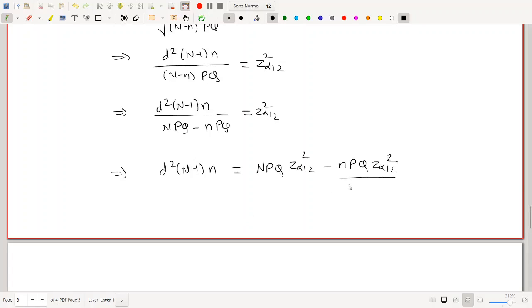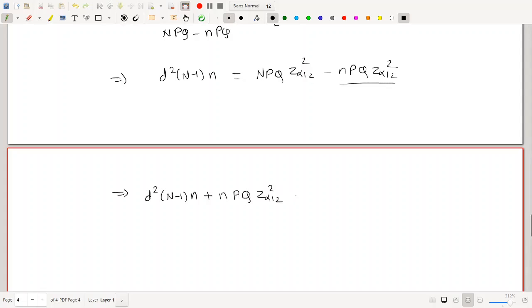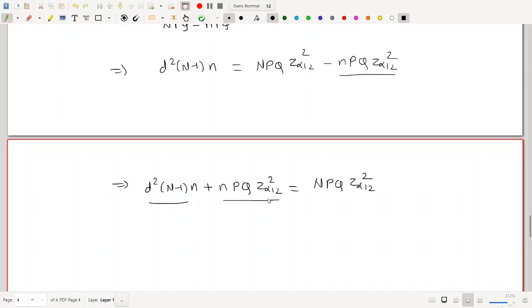So send this one to this side. So next step will be d square (N − 1) n, so this becomes plus n PQ z alpha by 2 square is equal to N PQ z alpha by 2 square. Now from these two quantities, we can take small n common.